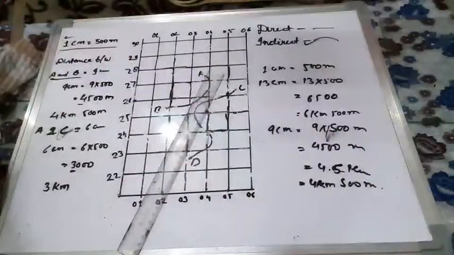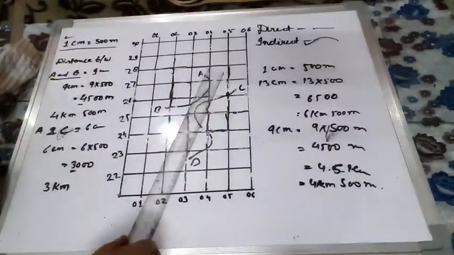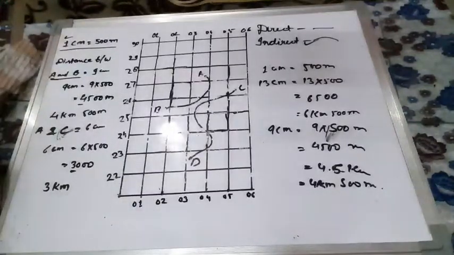Okay, so in this way you can see how to find out distance between two places on topo sheet, and it is very easy, है ना. In direct distance we just put our scale or divider and find out the distance and then convert it into kilometers. And for indirect distance we use thread. We put the thread on the curved lines until the finishing point.